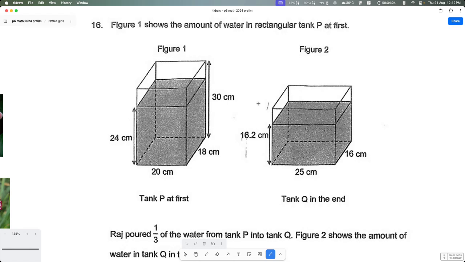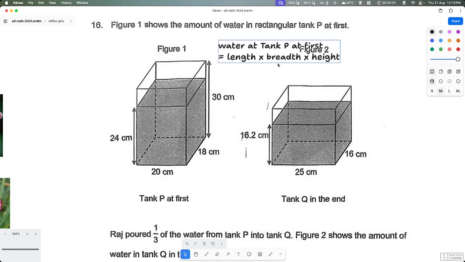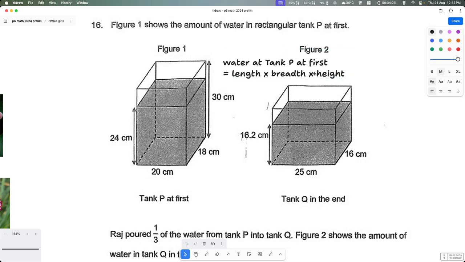So in this case, let me just write down here. Water in tank P at first is equal to length times breadth times height. So what's the length?